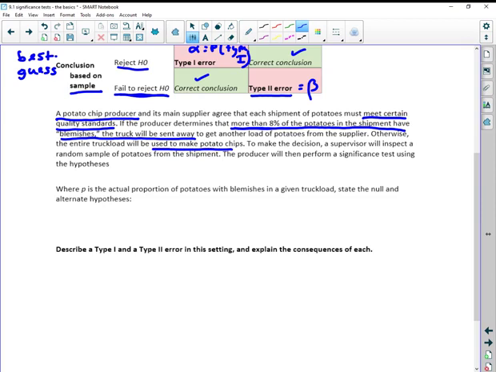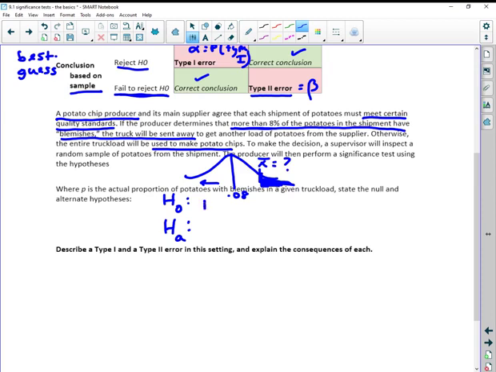So we get a sample of potatoes coming into the plant, and what would we be looking at? We don't care if those potatoes have a low number of blemishes. We only care if they have a high number of blemishes. Now, 0.08 is actually the mean that the standard would be. Our sample, whatever it comes out as, would be the thing that we'd be testing.